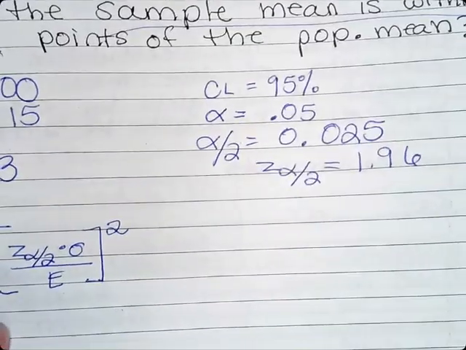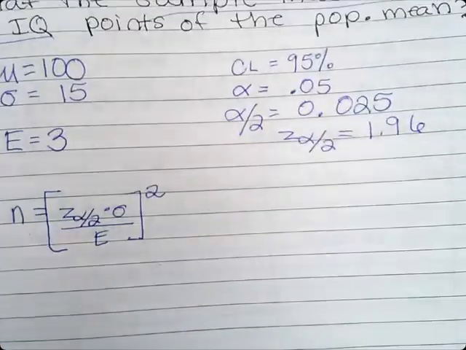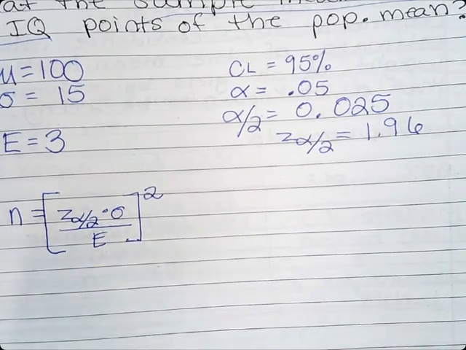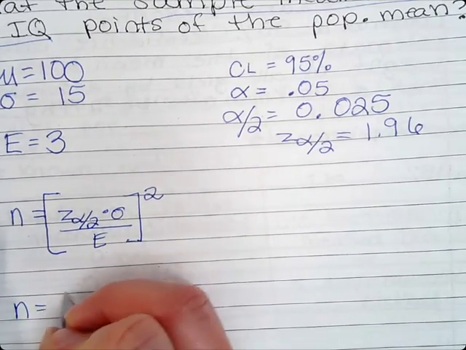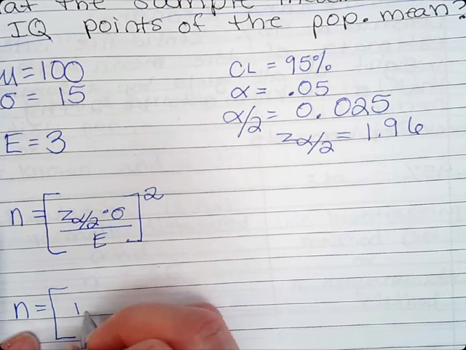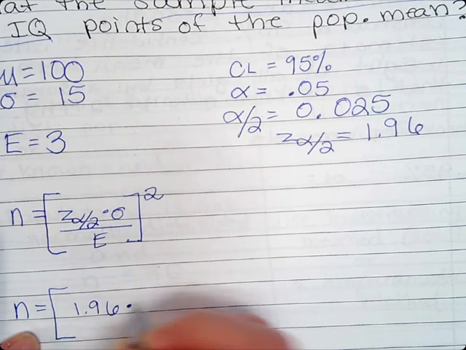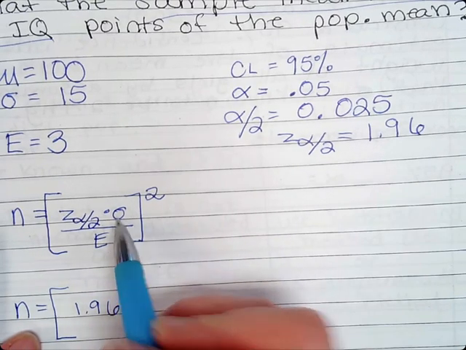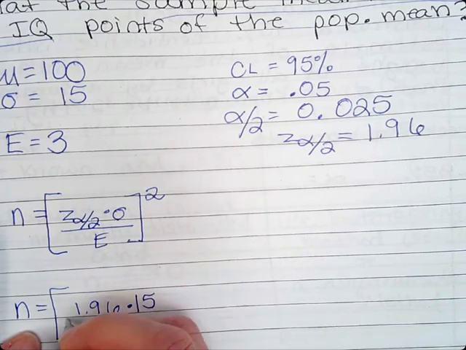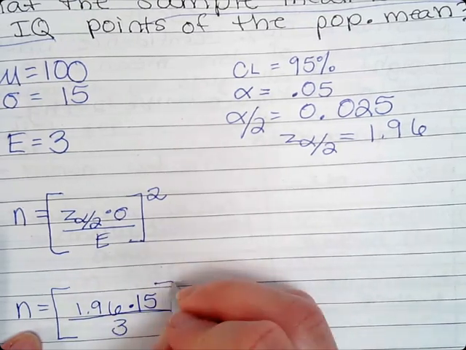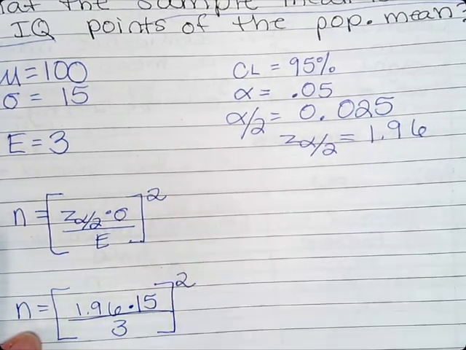All right, so we have everything we need. Now we're going to plug it into our formula. So 1.96 times our population standard deviation, 15, over our margin of error, 3, squared.